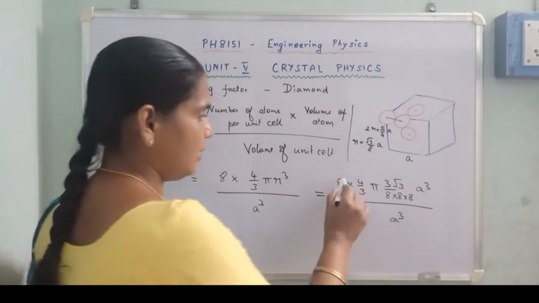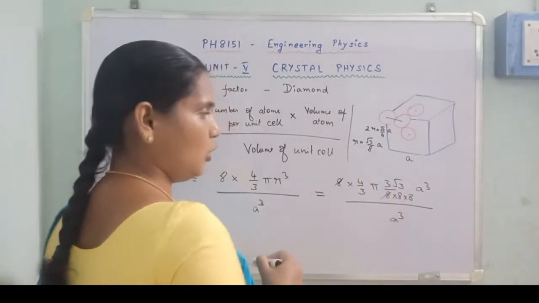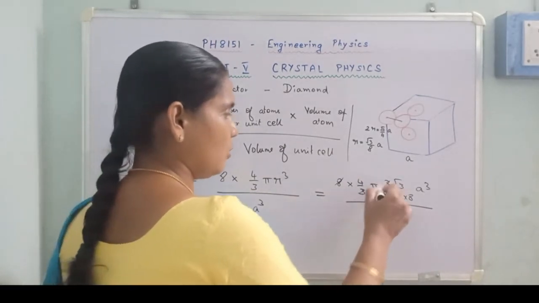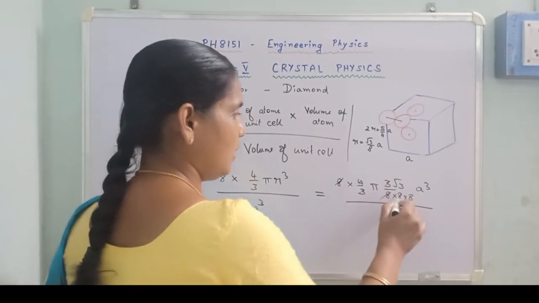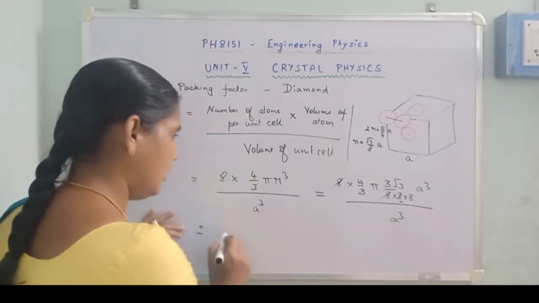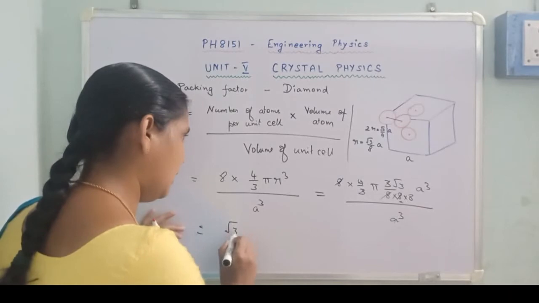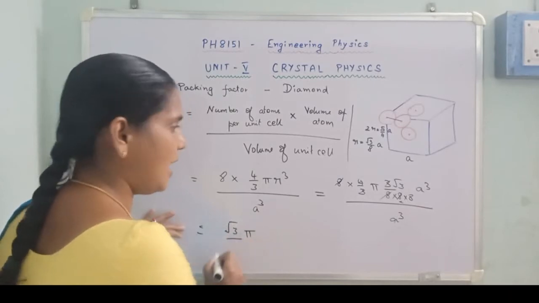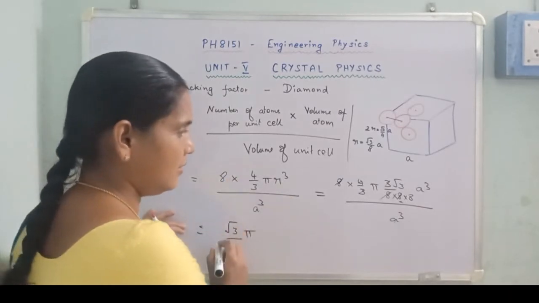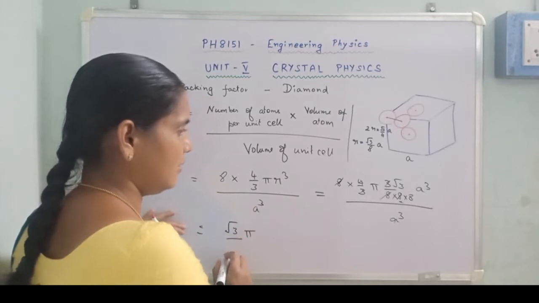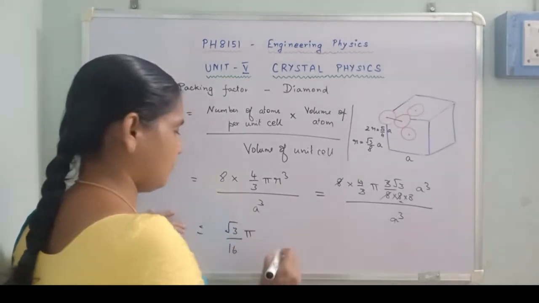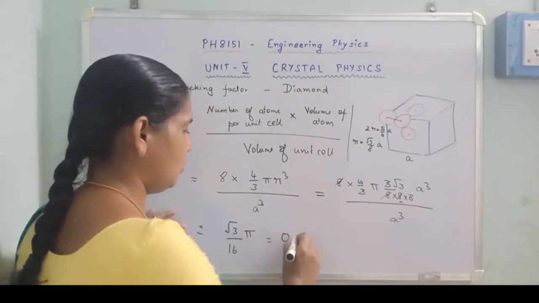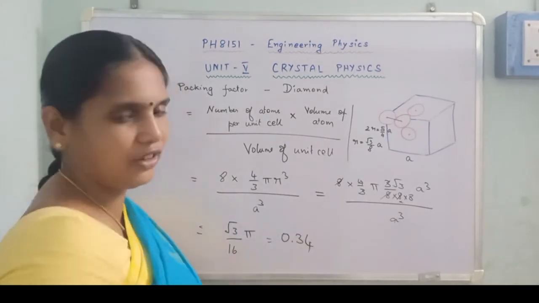What will remain is this 8 and this 8 will go off. 3 and 3 go off. You will have √3 π by 16, which gives you the value to be 0.34.